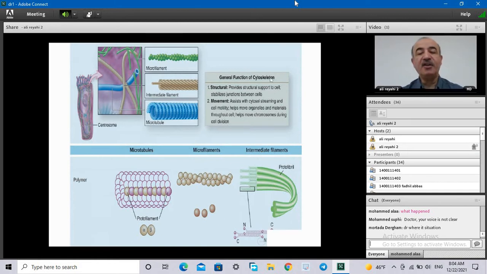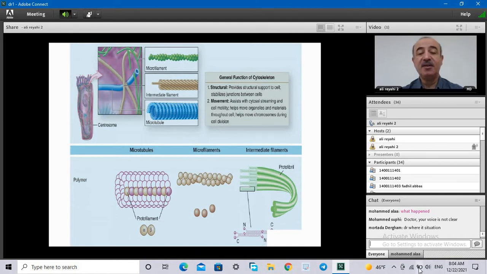The general function of the cytoskeleton: it has two roles or two functions, structural and movement. Structural means the cytoskeletal proteins provide structural support to cells and stabilize junctions.